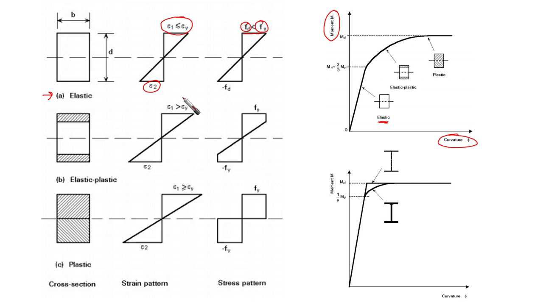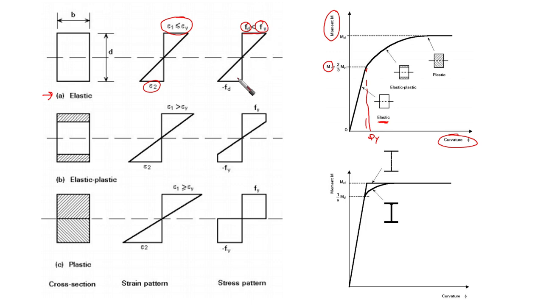This is similar to yield moment, and if it's phi, for example, it is phi yield, corresponding to yield. Whatever we have in the elastic range, we call elastic, and the shape of the stresses is allocated linearly, as you can see here.